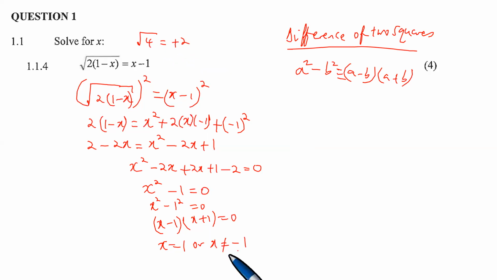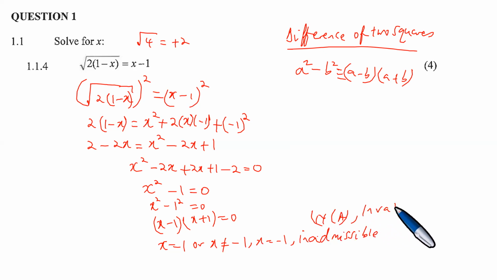So in other words, we realize that x equal to minus 1 is actually inadmissible. Okay, or it is not applicable, or it is invalid.